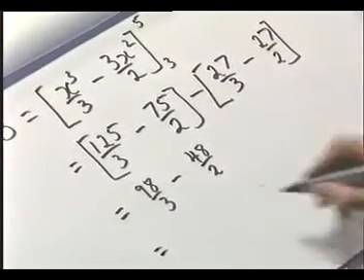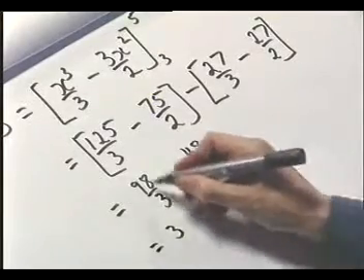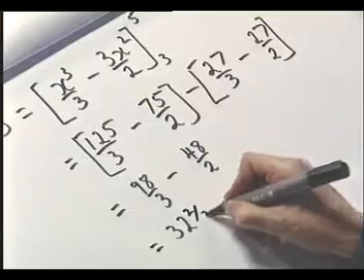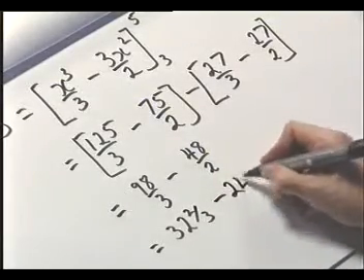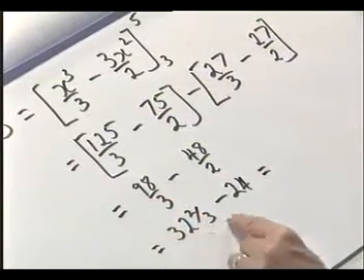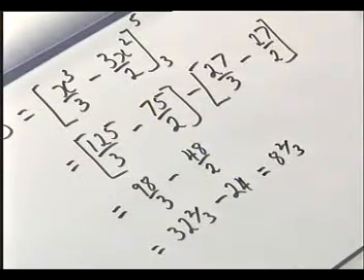So if you divide by 3 there, 3's into 9 goes 3, and 3's into 8 goes 2, and there are 2 overs, that's 32 and 2/3, minus 2's into 48 goes 24. So the area B is 32 and 2/3 minus 24, that's 8 and 2/3.